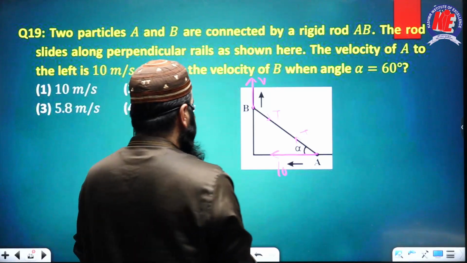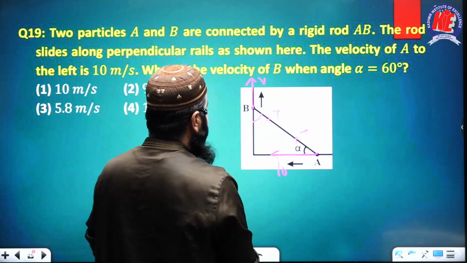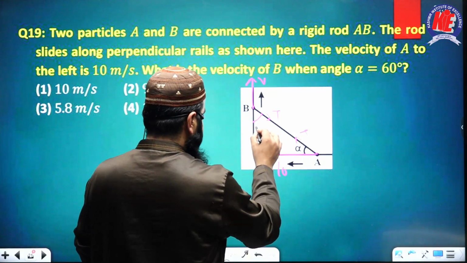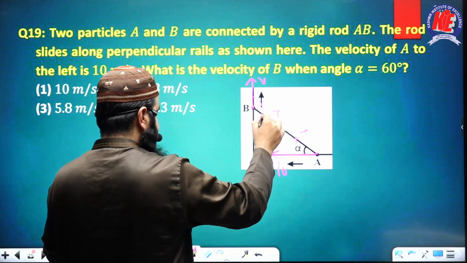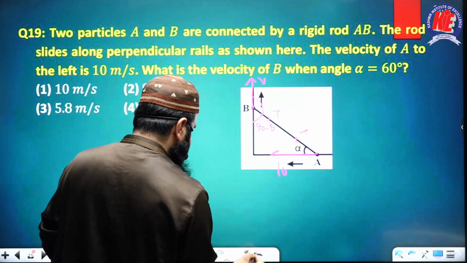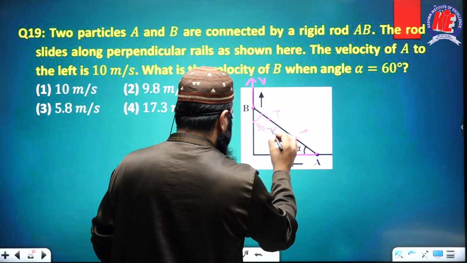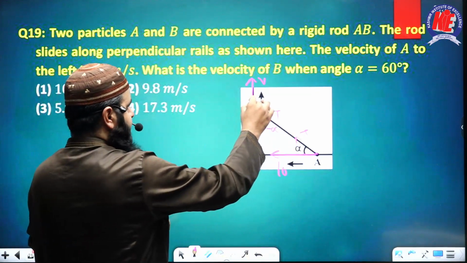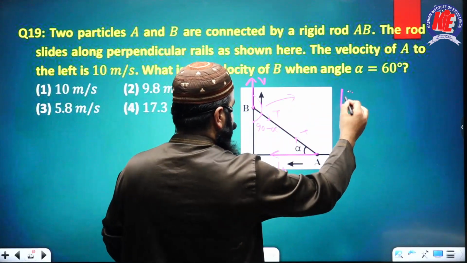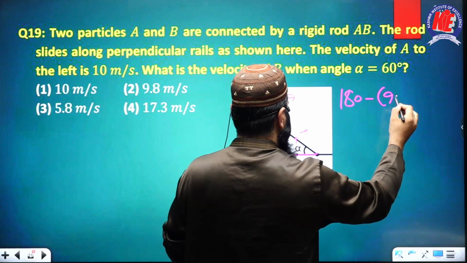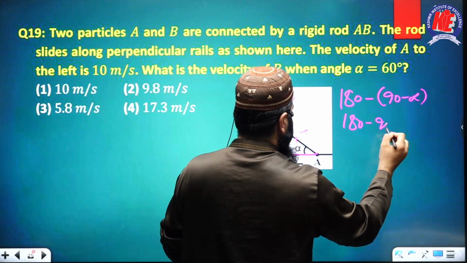अब आइए बेटा इधर, I will say here this angle is alpha, this will be 90 minus alpha. ये एंगल आपका होगा. ये पूरा कितना है? ये पूरा 180 है. तो ये एंगल कितना होगा? ये एंगल होगा 180 minus 90 minus alpha. तो वो कितना आएगा? 180 minus 90 plus alpha.